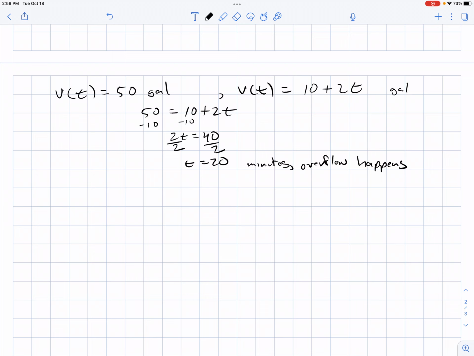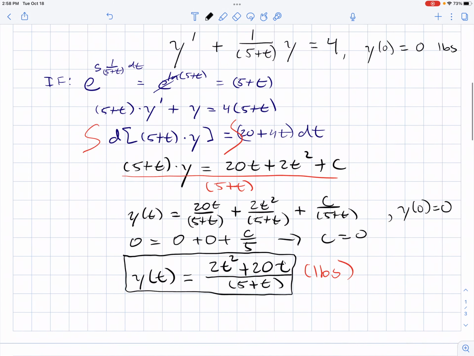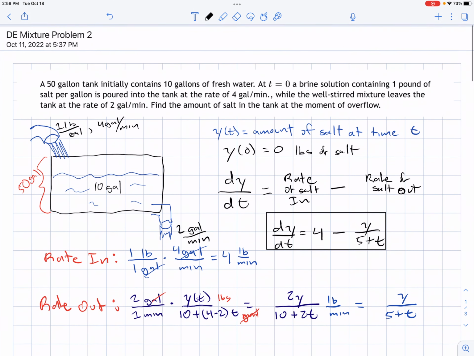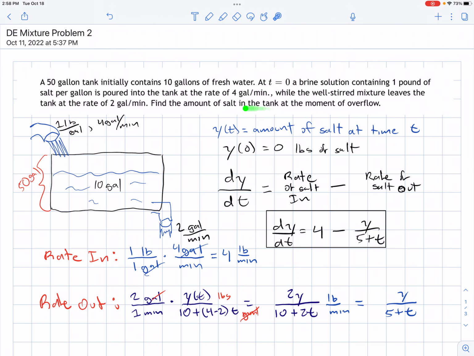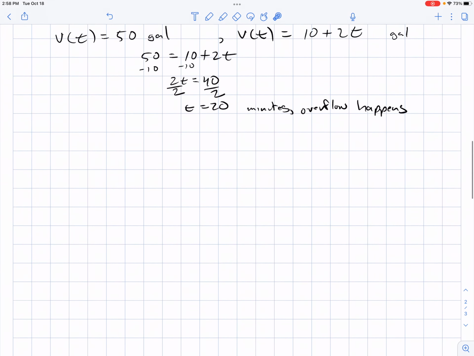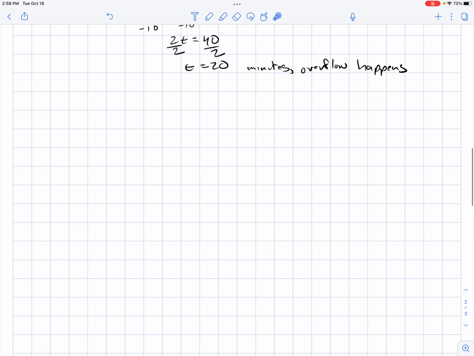And we want to actually know, again, the question says, find the amount of salt at that moment it overflows. So now that we know 20 minutes is when it overflows, we actually want to know how much salt after 20 minutes is in the tank, right?